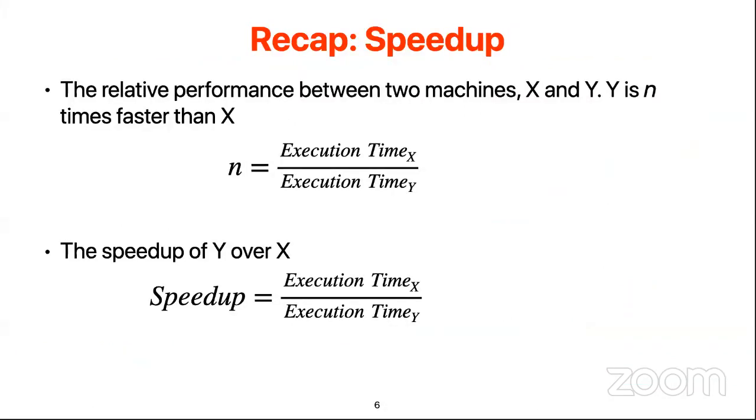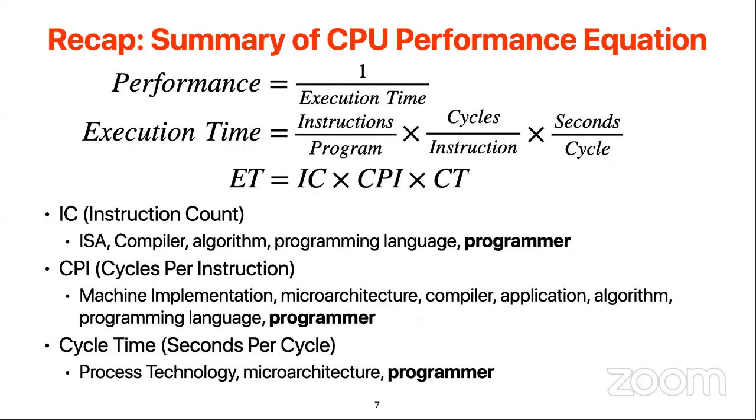And previously we mentioned that for speedup, the definition is that if we want to say Y is n times faster than X, you should have it as execution time of X over execution time of Y. So if I have a new design and I want to say the new design is faster than the old design by whatever times, it should be calculated as the execution time of the old design over the execution time of the new design.